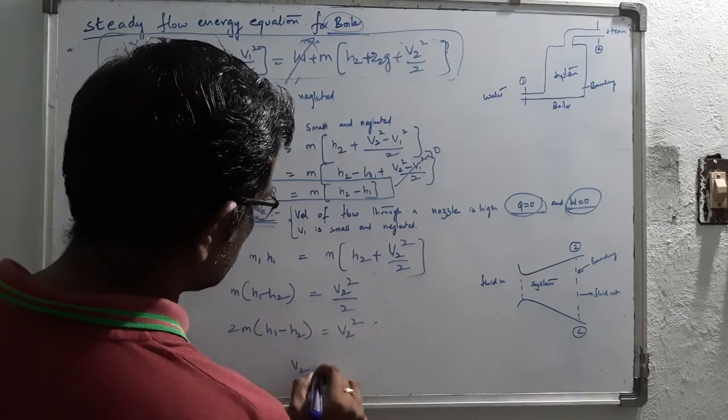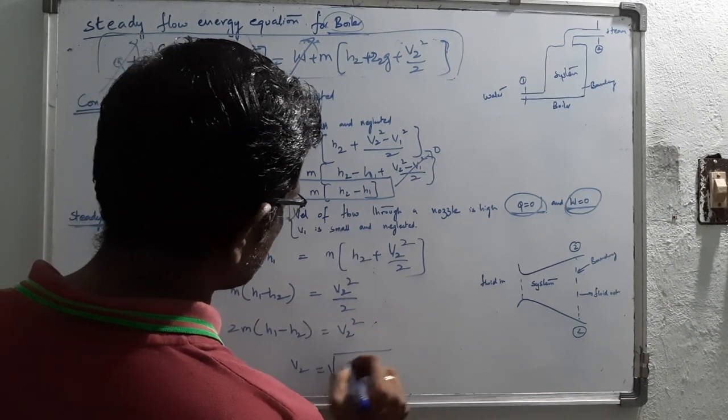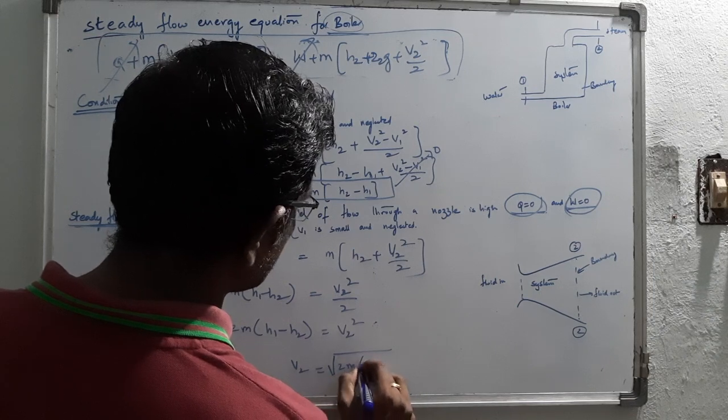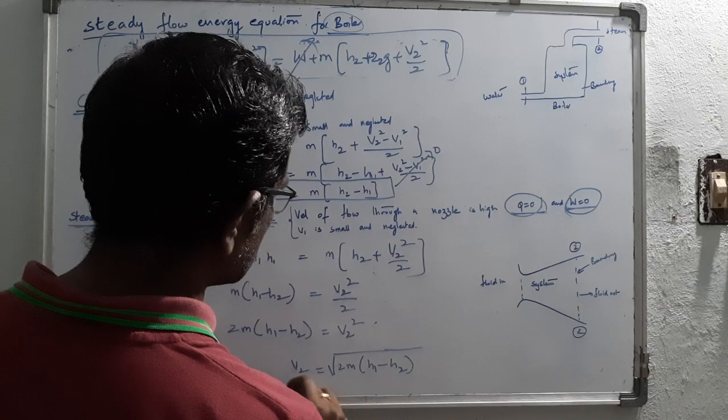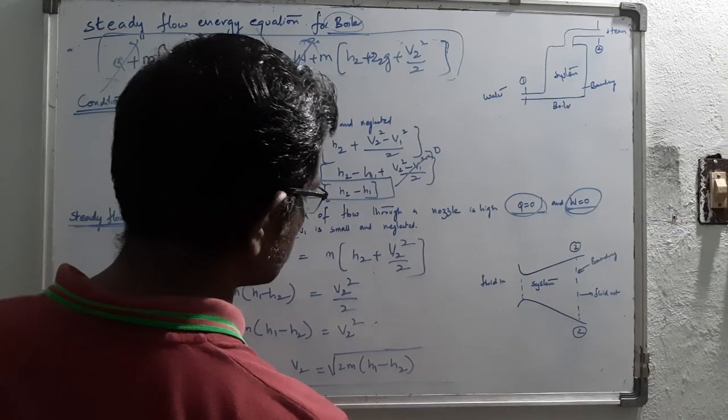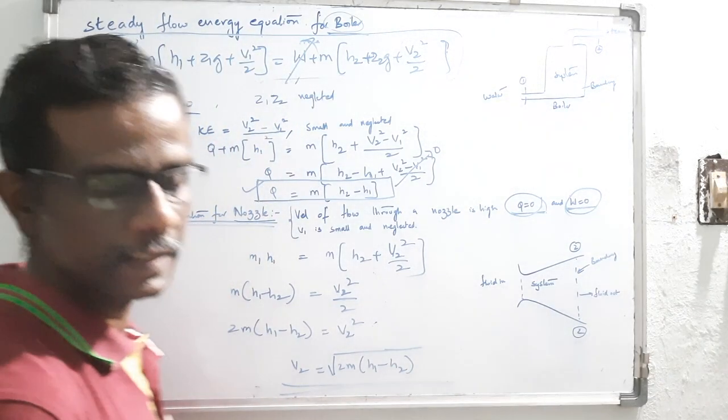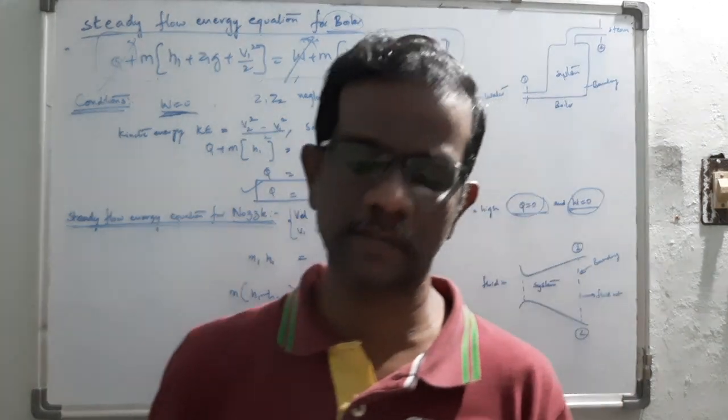Therefore, v2 is equal to the square root of 2 times m into h1 minus h2. This is your final equation.